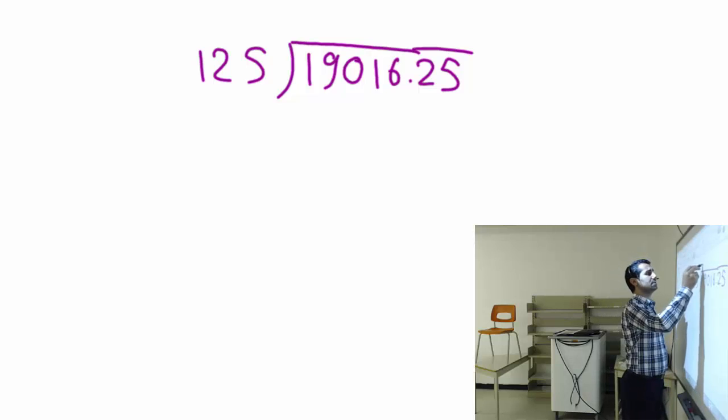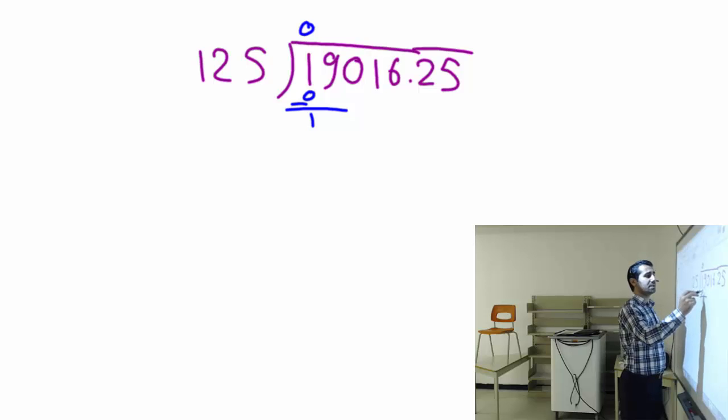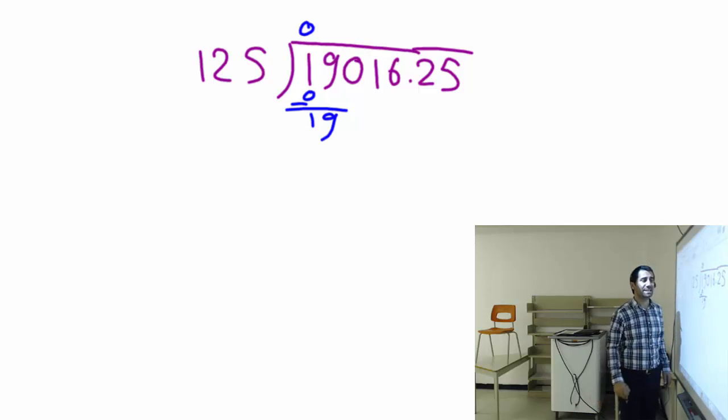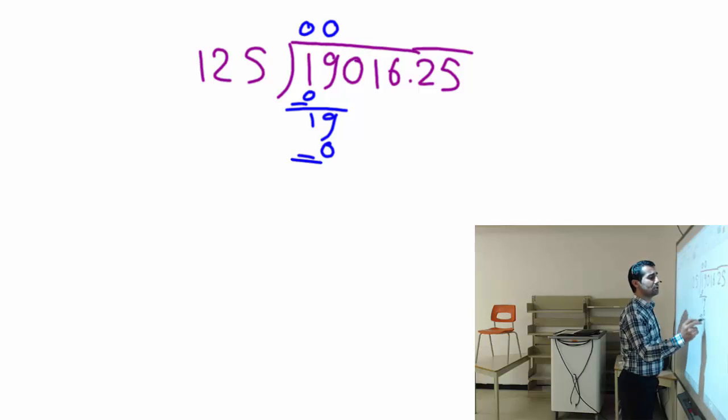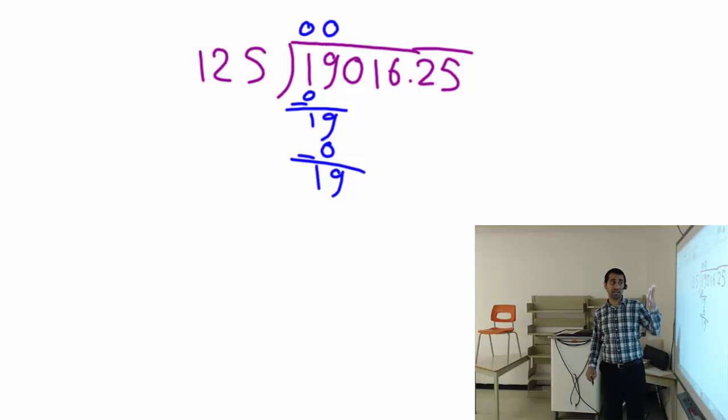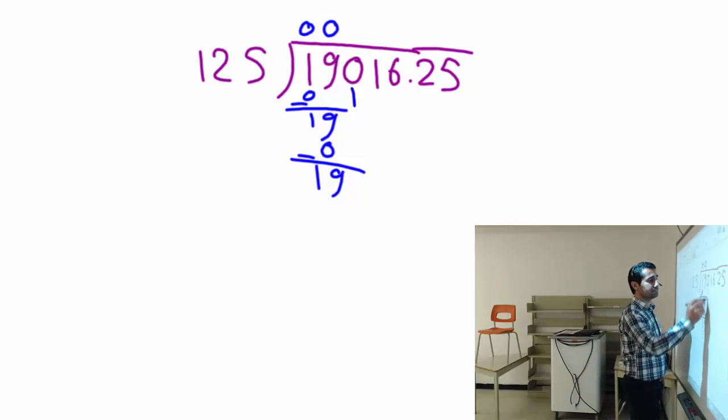None. 0. Subtract. I'm going to get 1. Let's bring down the next number, 9. In 19, how many 125 are there? Nothing. Let's write down 0. And then I'm going to bring down the next number.